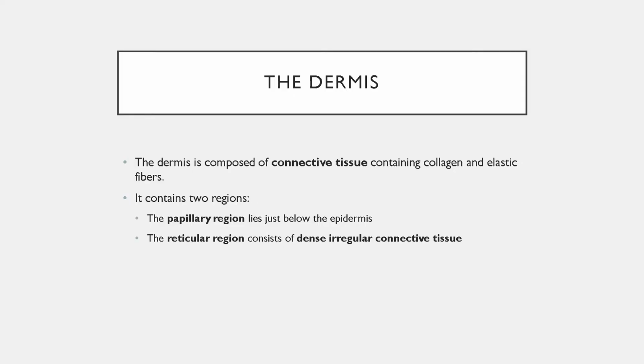Next, let's talk about the dermis. So we've pretty much talked extensively about the epidermis already. Now we're going to be moving on to the dermis, and this is the middle layer of the integumentary system. The dermal layer is composed of dense irregular connective tissue that contains collagen and elastic fibers.